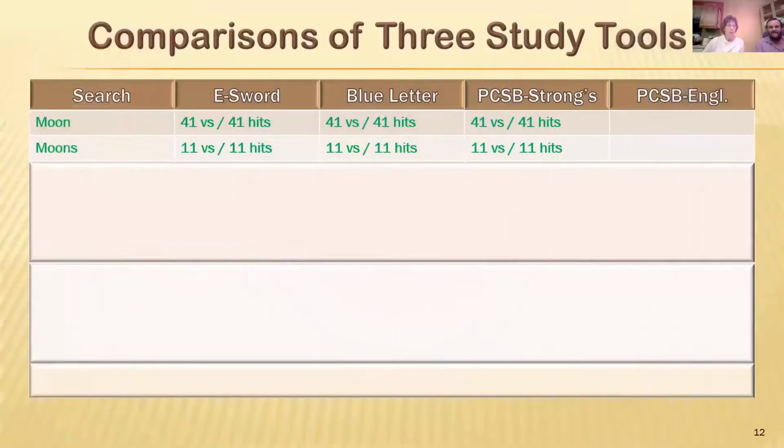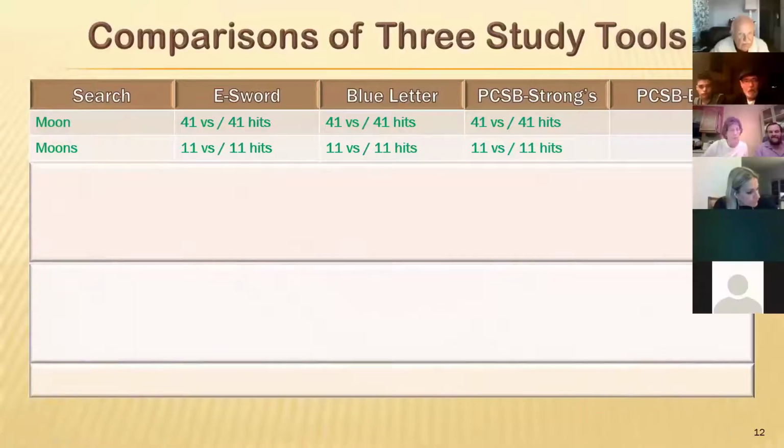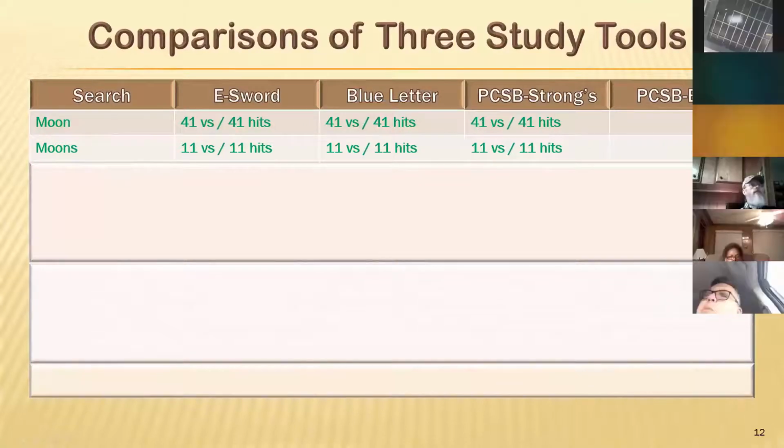Okay, so we're going to do a comparison of these 3 study tools. Is everybody okay so far? Yep. Okay, because we're going to come up to slide 32 and I'm going to be asking for audience participation. I have set this up so that you can only see part of this at a time because I can't animate a table. But anyway, we're searching for moon and moons.